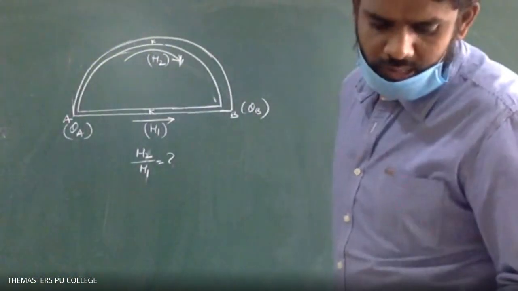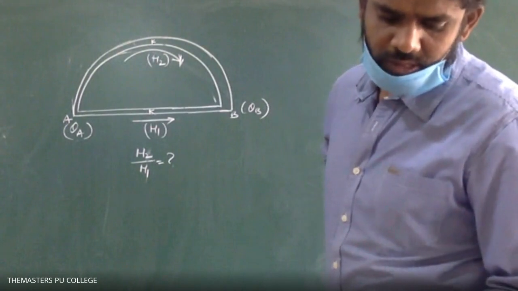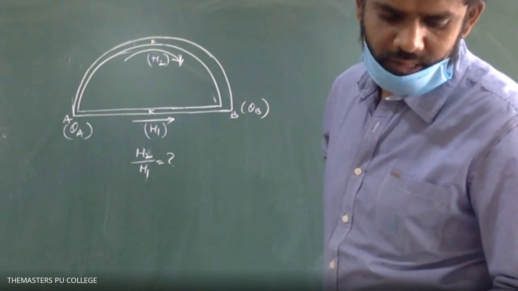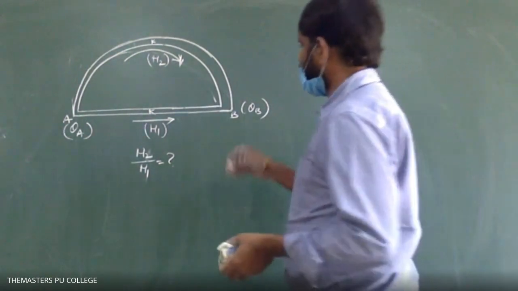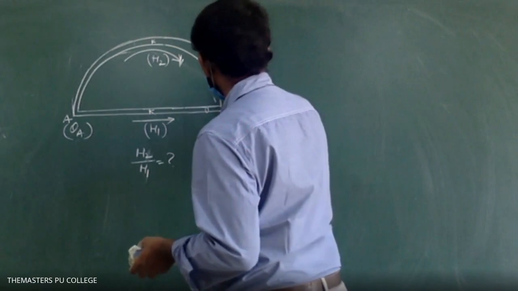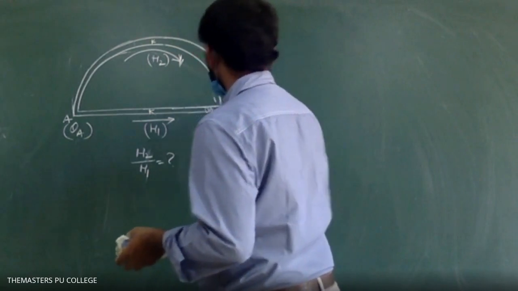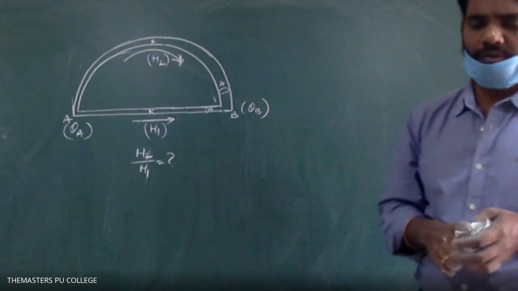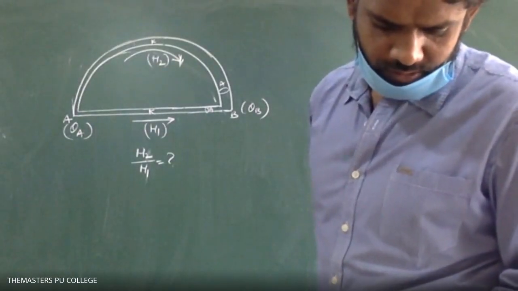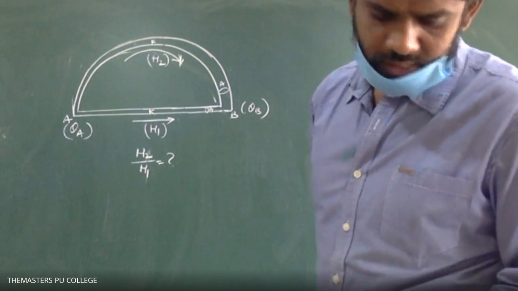These are two rods, one semicircular and one straight, of the same material and the same cross-sectional area. The area of this cross section is the same, and the area of this is also the same; let it be A. Then heat is transferred through this one.